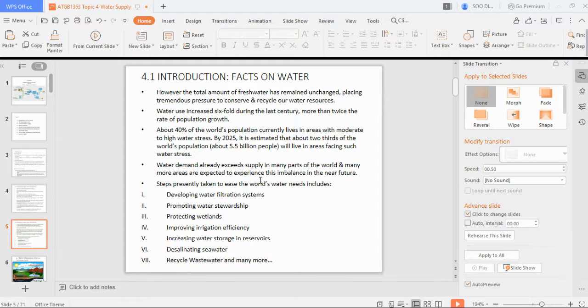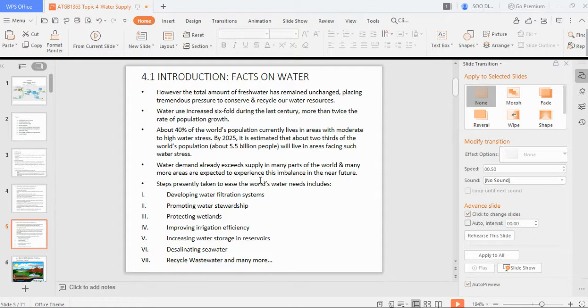Everything we do in life, even if we are not consuming the water, we are actually using water to flush down our toilet, to wash our plates, to clean our stuff, and also to shower. All of this is using up the precious amount of water we have.